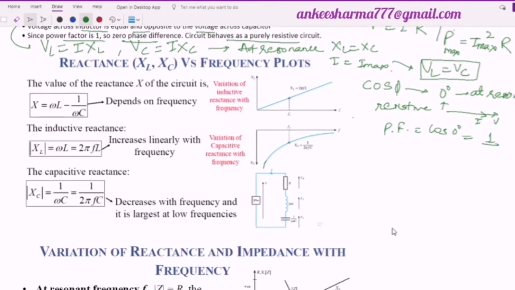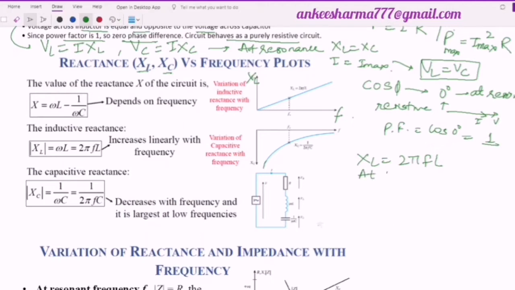Yes. So next I want to discuss the different reactance curves, as we have two reactances, XL and XC. I am going to discuss these two curves with respect to the frequency. Now look here, I have plotted XL with respect to the frequency f, and we know that XL is equal to 2 pi f into L. It means at f equal to 0, XL will be equal to 0.